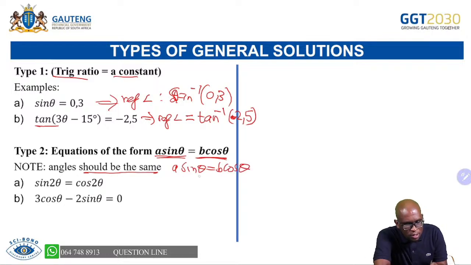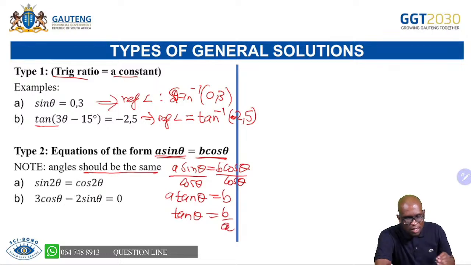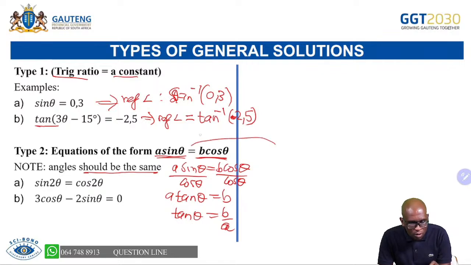What you do is divide both sides by cos theta. You have A tan theta equals B, which means that the tangent of theta will be equal to B over A. So you've changed this to the tangent. This is what we call the tangent type.